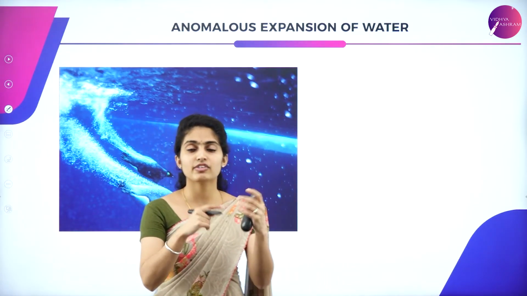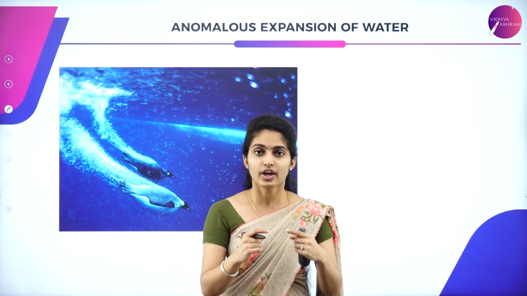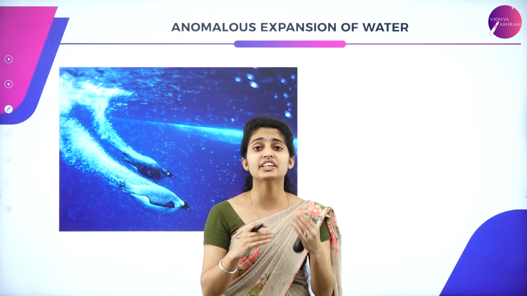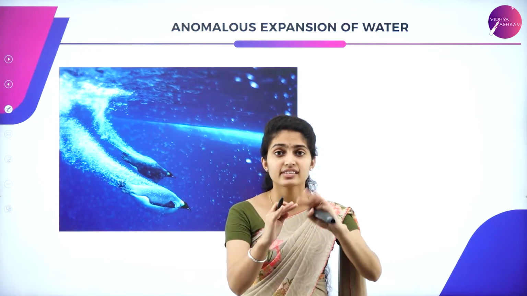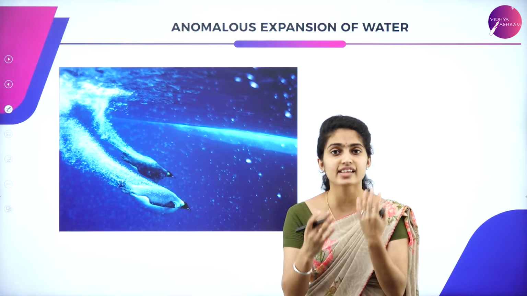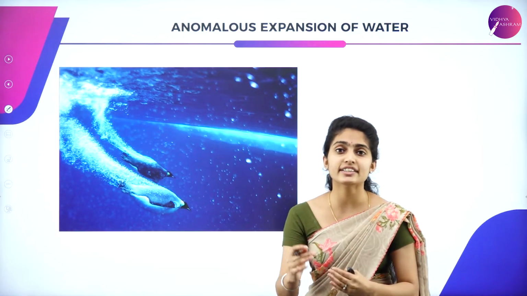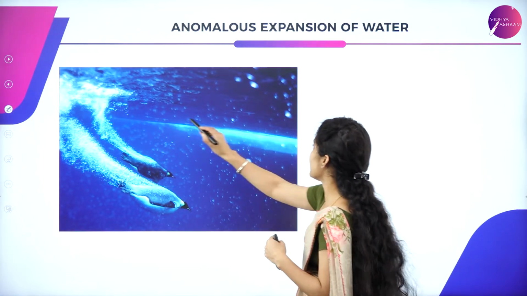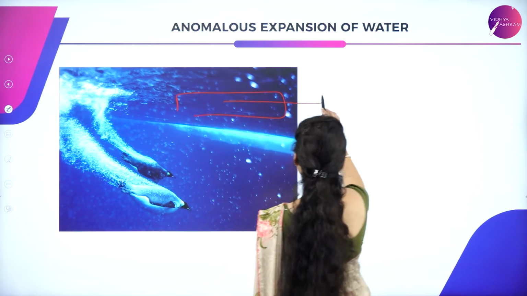There will be no more interchanging. Whichever layer is lying below has the higher density and stays there itself because no further interchange will take place, and the top layer will form an iceberg.